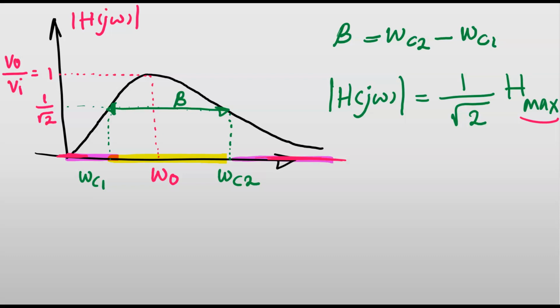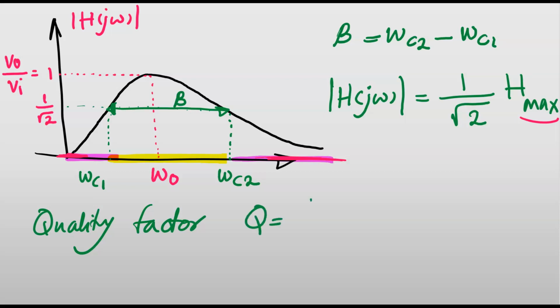Another component that I want to talk about here is the quality factor. The quality factor is described as omega naught, or my center frequency, divided by bandwidth.